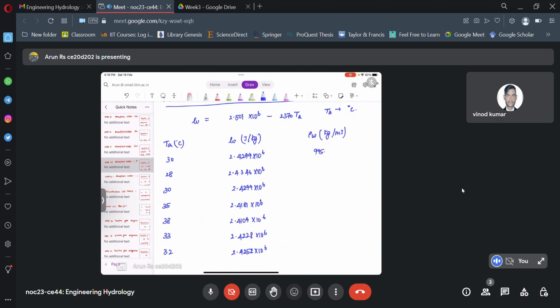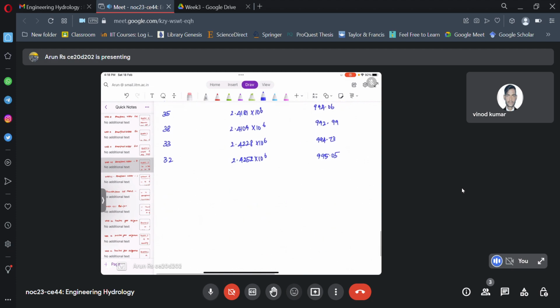So this is 995.6, 996.26. So it comes like this. So we have now calculated your net radiation, your latent heat of vaporization and density. So next we can directly compute the evaporation rate.